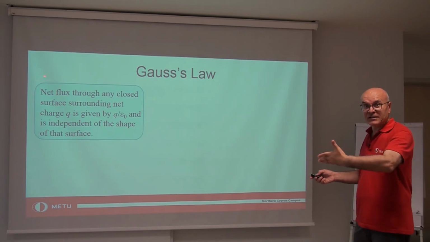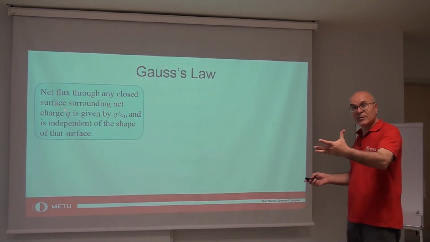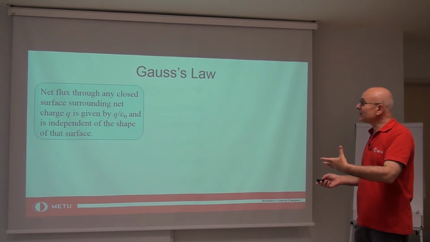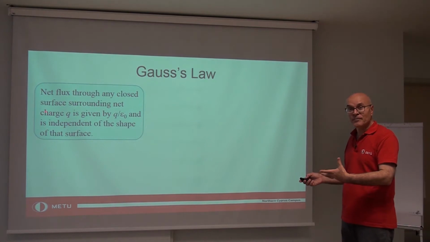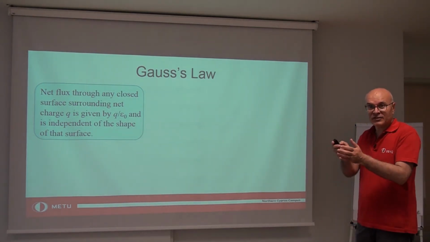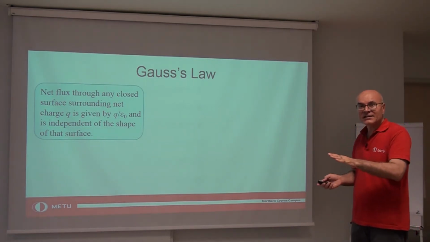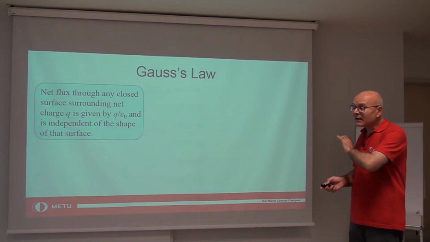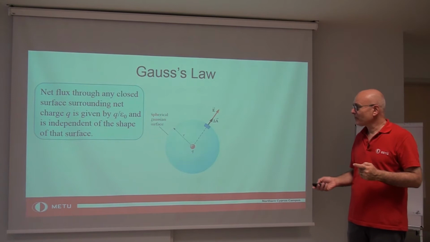This is the left-hand side of Gauss law, and it's equal to this flux. If you calculate this integral, it will give you just merely Q over epsilon naught. The net charge, Q, is the sum of all positive and negative charges enclosed by the closed surface. And this result is true irrespective of the shape or the size of that surface.